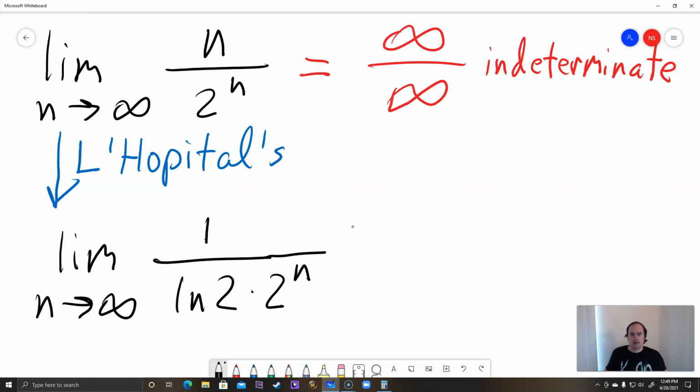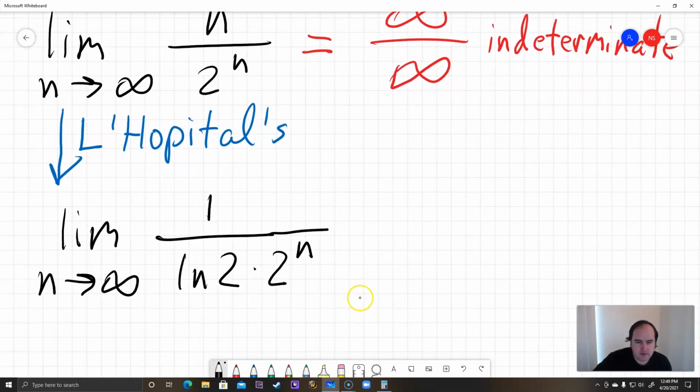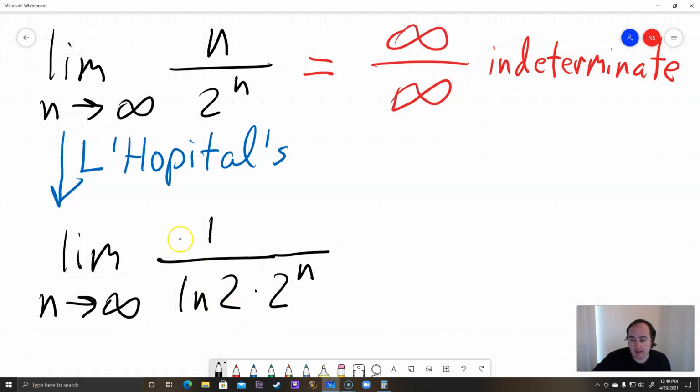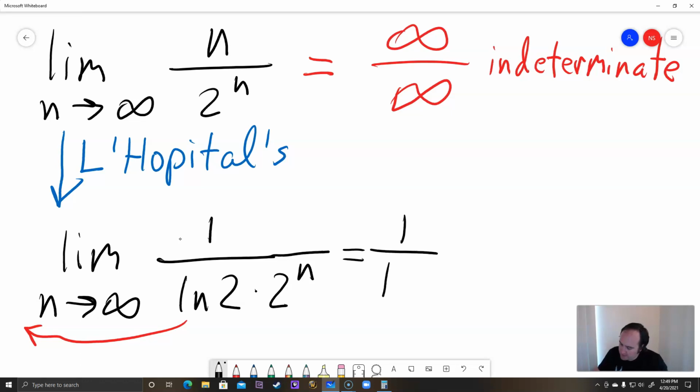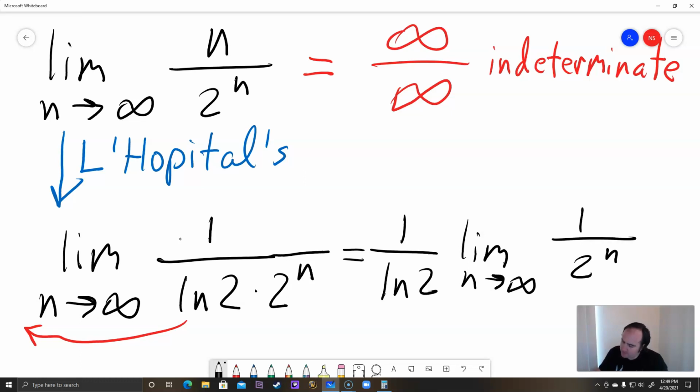Okay? And then from that, all we have to do is find this new limit. The ln of 2 is a constant, so we can factor it out front. So if we bring out our 1 over ln of 2, then we get 1 over ln of 2 times the limit as n goes to infinity of 1 over 2 to the n.